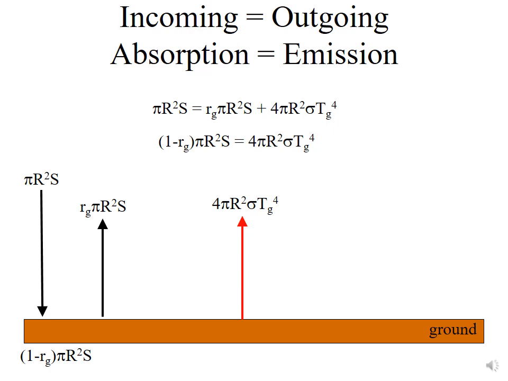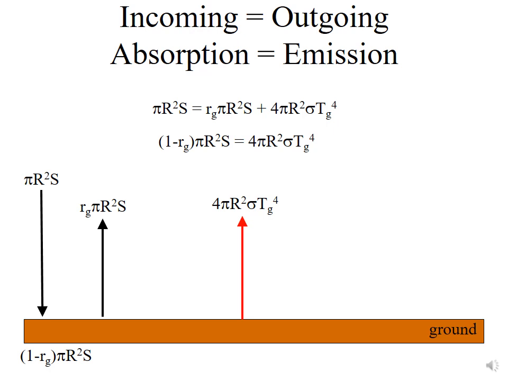It's just a slightly different way to look at this. The top is incoming equals outgoing, where you keep track of every single radiation stream. With absorption equals emission, you only focus on what is actually being absorbed and emitted, and the reflected radiation gets incorporated in a slightly different way.